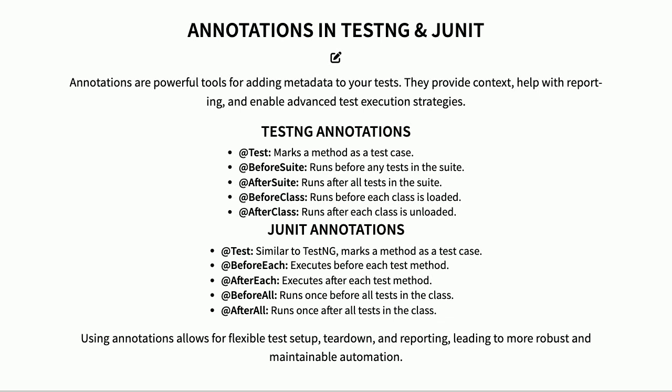TestNG has a bunch of specific annotations like @Test for marking your test cases, and others to set things up before or after entire suites or classes. JUnit uses similar concepts with annotations like @BeforeEach and @AfterEach for managing setup and cleanup around individual tests. These annotations are key to creating organized, informative, and easily maintainable automated tests.